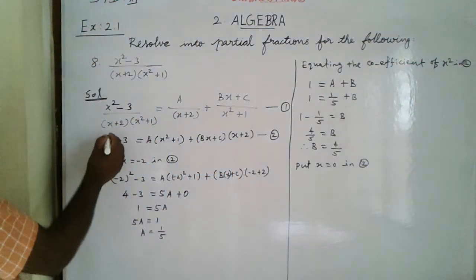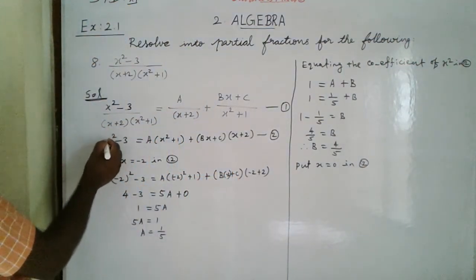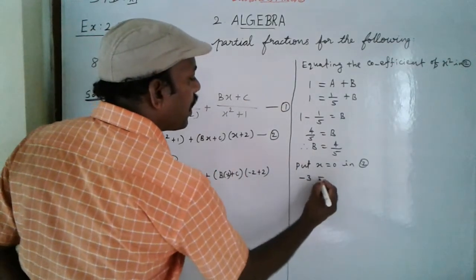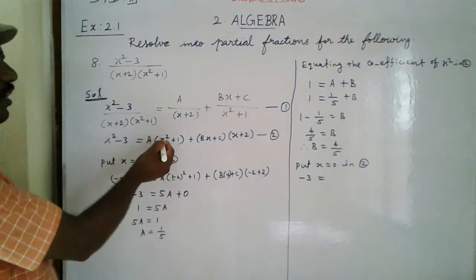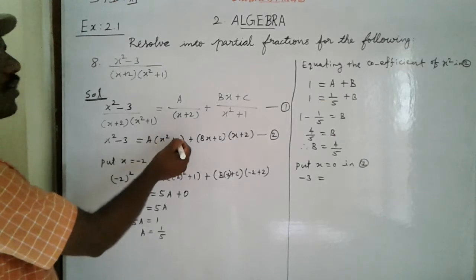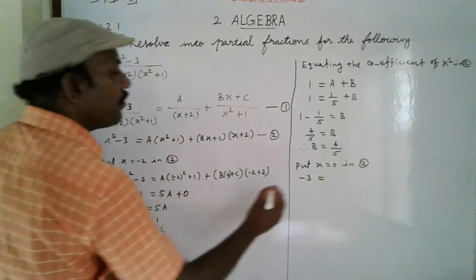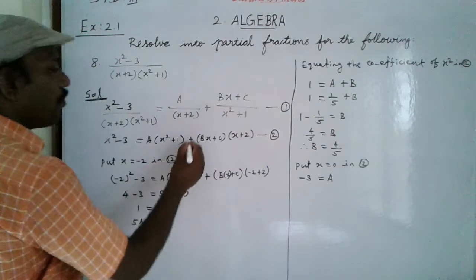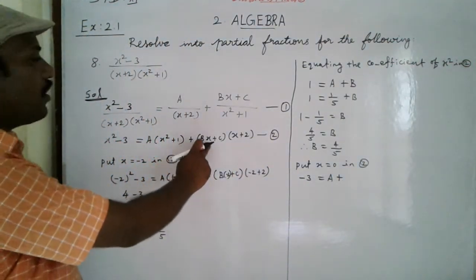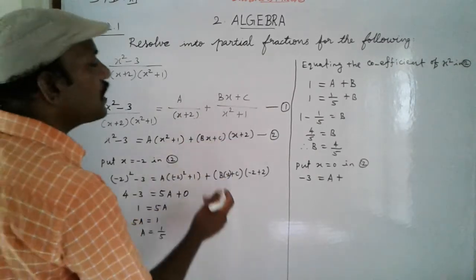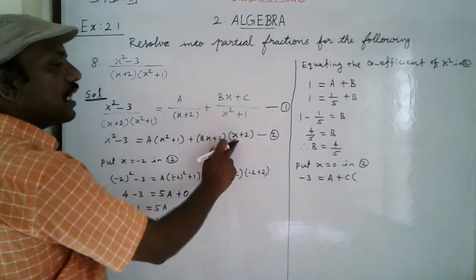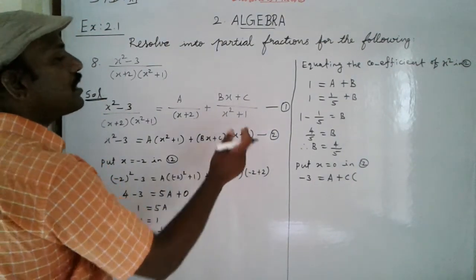So substituting 0, the x² term is 0. 0 squared is 0. 0 minus 3 is −3, equals, x² term is 0, 0 plus 1 is 1, 1 into A is A. Next term plus B, B into x value 0 is 0, 0 plus C is C, into x value 0, 0 plus 2 is 2.